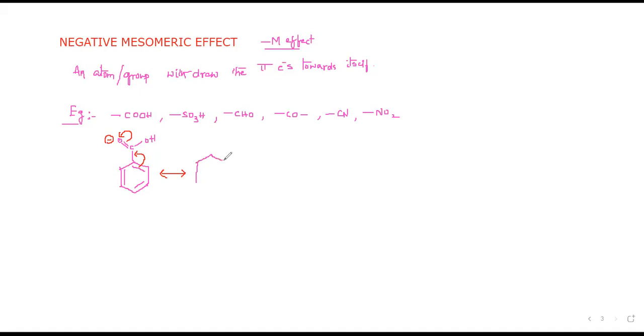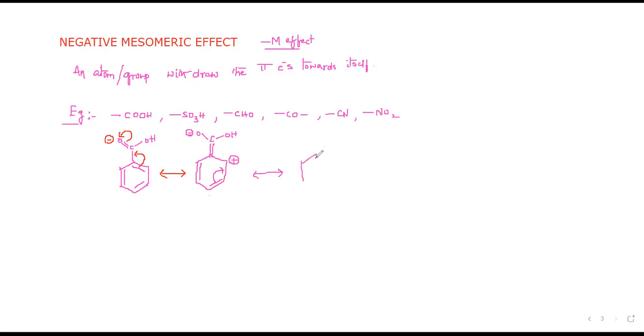So in the negative mesomeric effect, the benzene ring carbon gets a positive charge. In the next resonating structure, this double bond shifts here and the positive charge comes at this position.